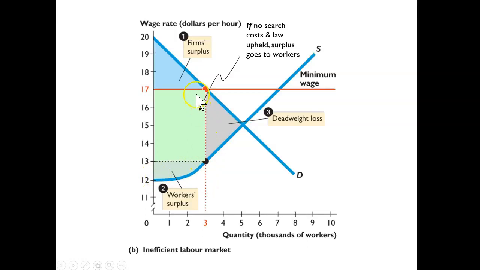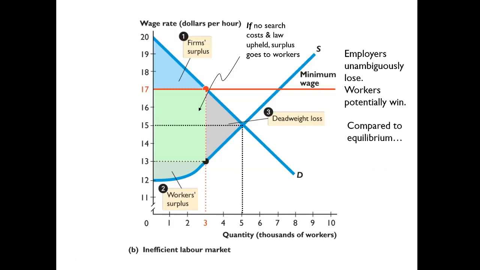So this entire area here will now be the workers' surplus. So when the law is strictly enforced, employers unambiguously lose some economic welfare, and potentially workers could win from that.